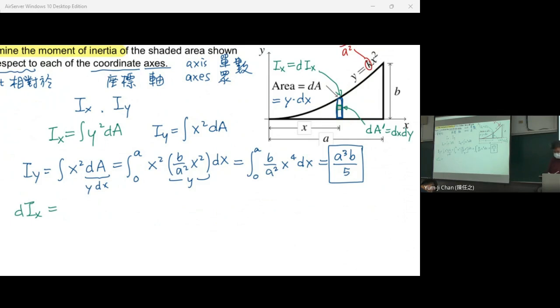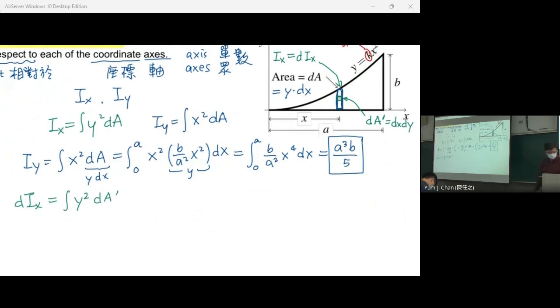So how do we determine the Ix? The Ix is equal to y squared times dA prime. Because we are talking about the Ix of this one, and then this one, and this one, and we only talk about the small squares. Of course, this is equal to, let me write it down: y squared dx dy.